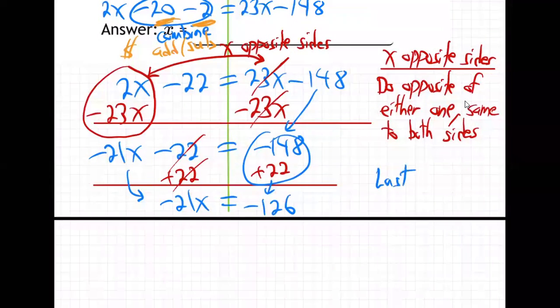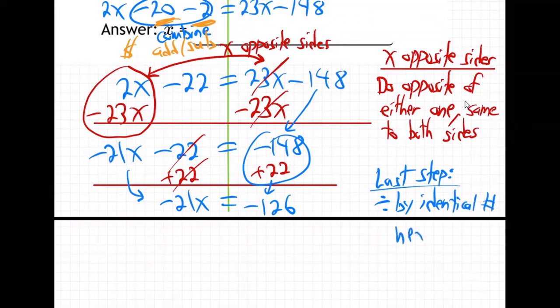And what is always the last step? It is divide by the identical number next to x. Exactly what's next to x. Same number, same everything, just divide by it. So I'm going to divide by -21.